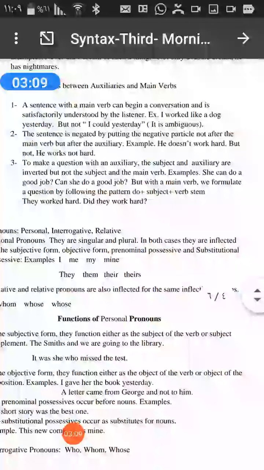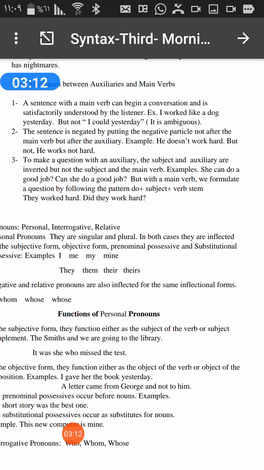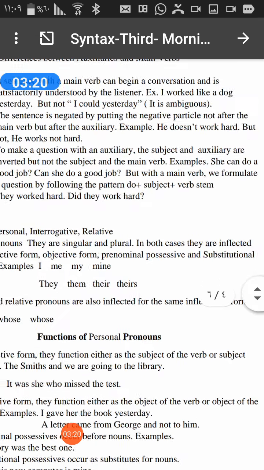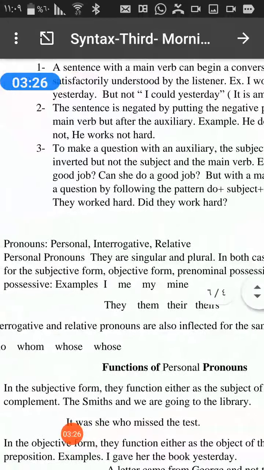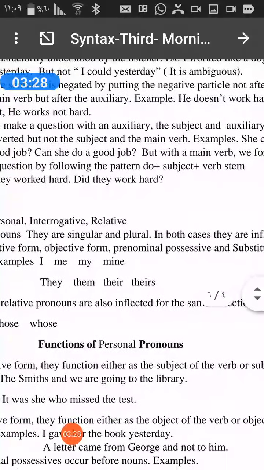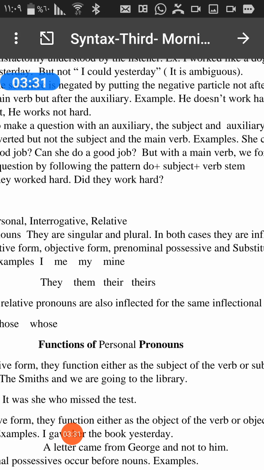Now the third point of difference نقطة الاختلاف الثالثة والأخيرة بين الأفعال المساعدة والأفعال الرئيسية. To make a question with an auxiliary the subject and auxiliary are inverted but not the subject and the main verb. يعني في حالة الجملة الاستفهامية إذا عندي جملة استفهامية باليس no question عادة usually the auxiliary فعل مساعد comes before the subject يأتي قبل الفاعل. لكن if I do not have an auxiliary, if I have a main verb, so the main verb cannot come before the subject.